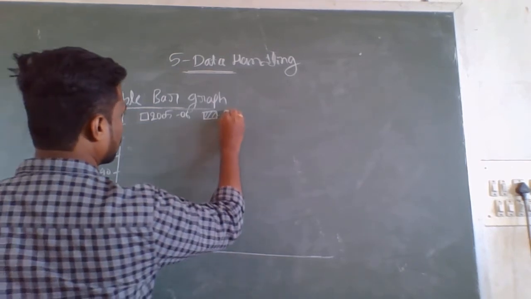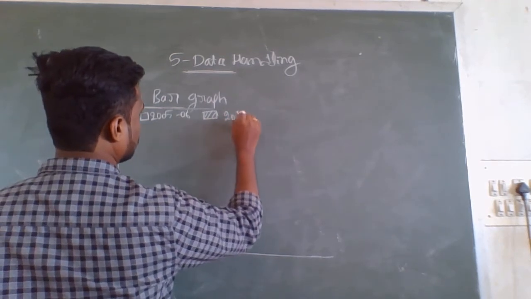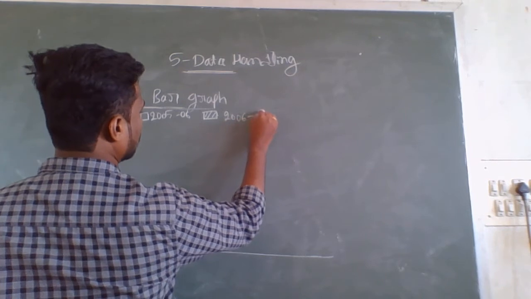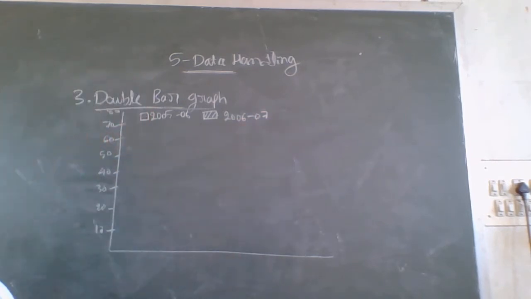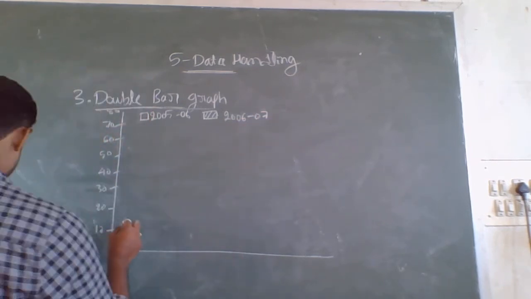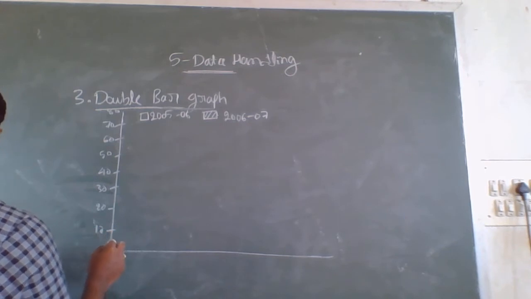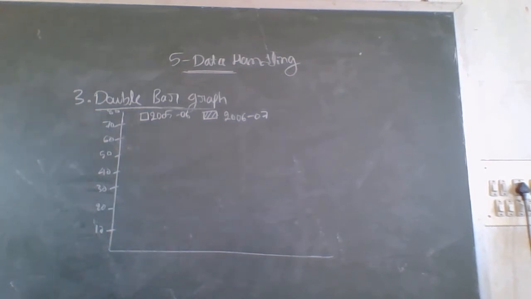This is for 2006 to 2007. They are given different double bar graphs here.